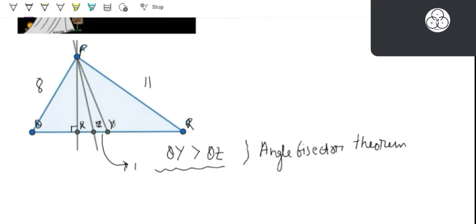I think most probably we have seen this angle bisector theorem while discussing base division. Now, what is the angle bisector theorem?